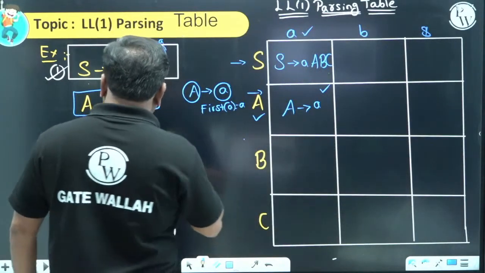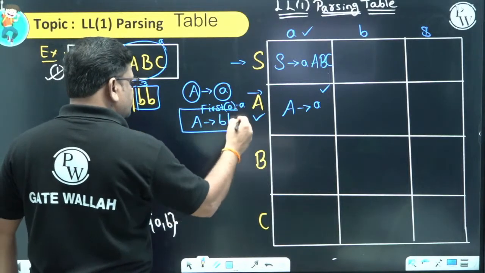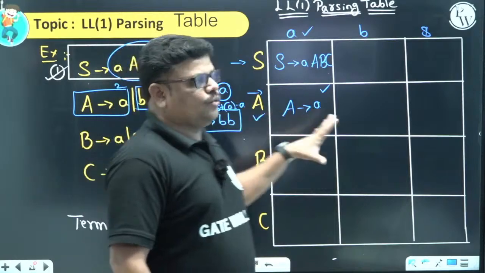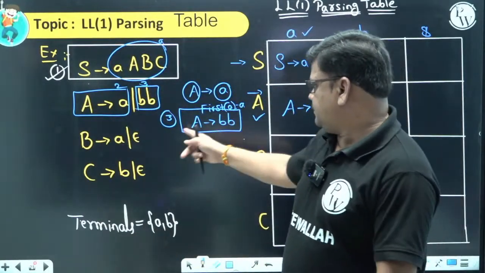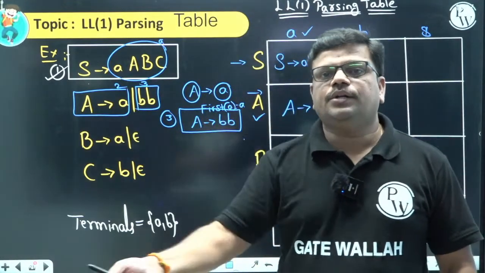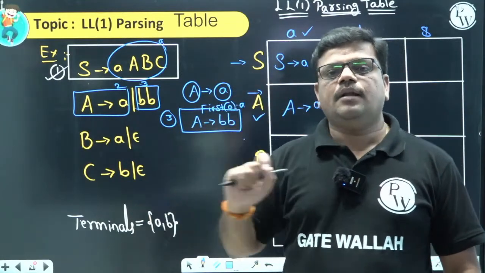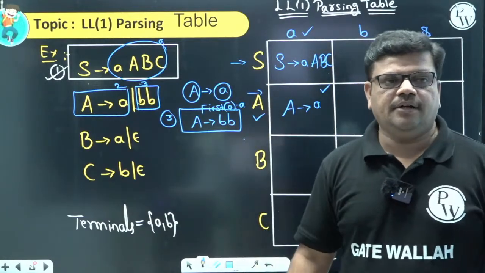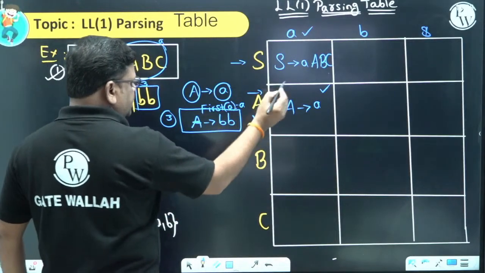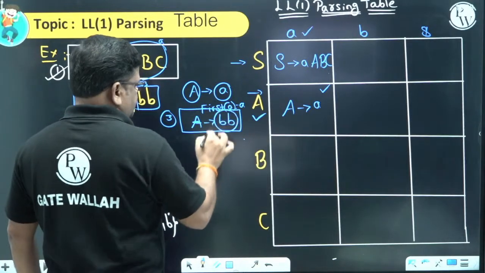Right. Next, we have this production, the third production. Can you identify what the row is? How to identify the row for this production? The row for any particular production is nothing but that production's left hand side non-terminal. That left hand side non-terminal becomes the defining row. So the row of this one will be the left hand side non-terminal A. And the column will be decided by the right hand side first.